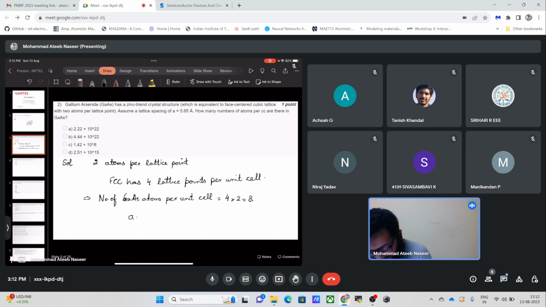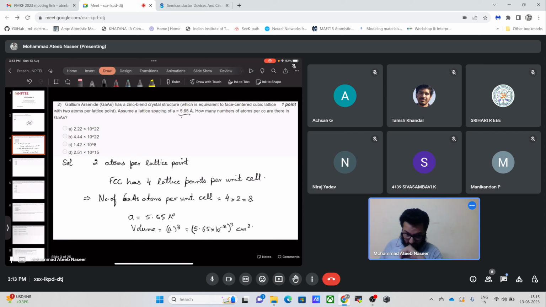Since a is given to be 5.65 angstroms, the volume is simply a cubed, which is (5.65 into 10 to the power of minus 8) cubed centimeter cubed. Since it is given in cc, that's why I am doing it in cubic centimeter.